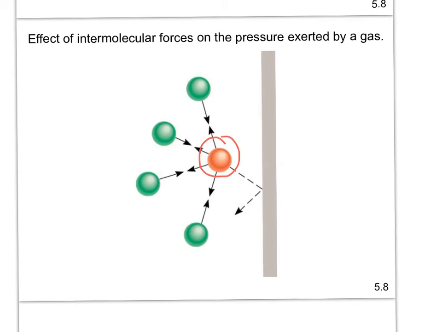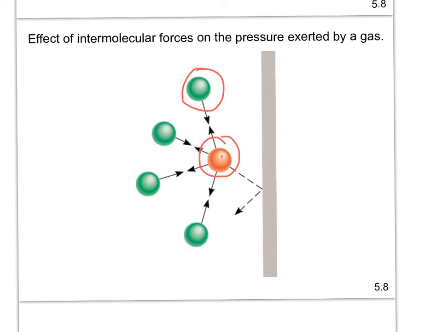Now, the effect of intermolecular forces on the pressure exerted by a gas: the green balls could either be more of the same element as these red balls, or a different gas, and you could have two gases in the mixture. So it could be a sample of pure gas or a sample of two or more gases together.